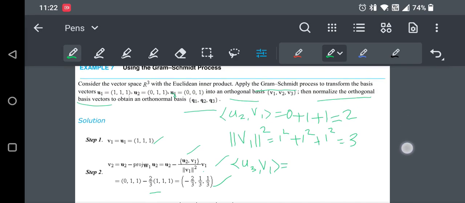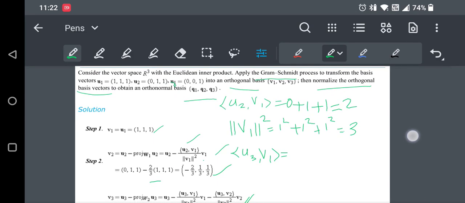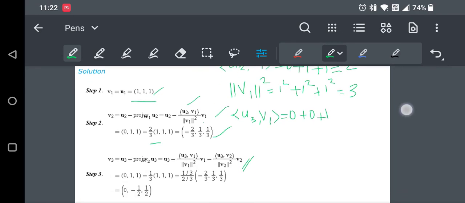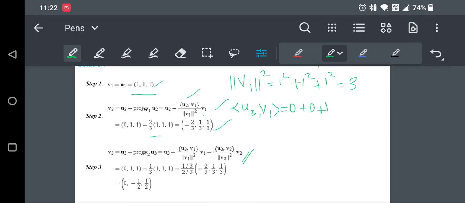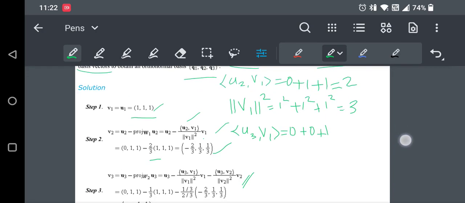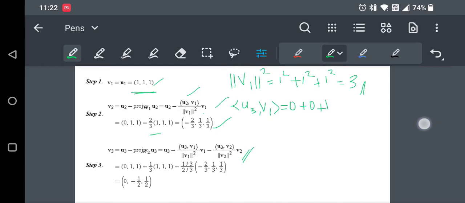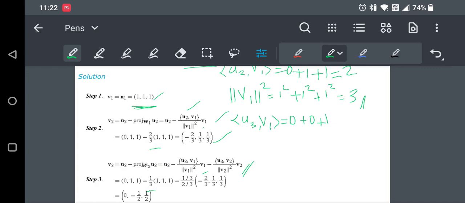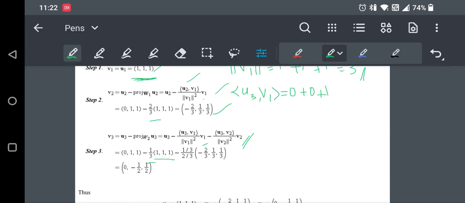In the question u3 is (0, 0, 1), and taking the inner product with v1 gives 0 plus 0 plus 1, so 1. Norm v1 square is 3, which we have already found. So you get 1 by 3 multiplied by v1, and v1 is (1, 1, 1).